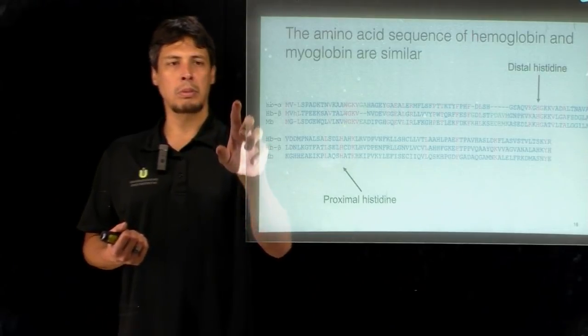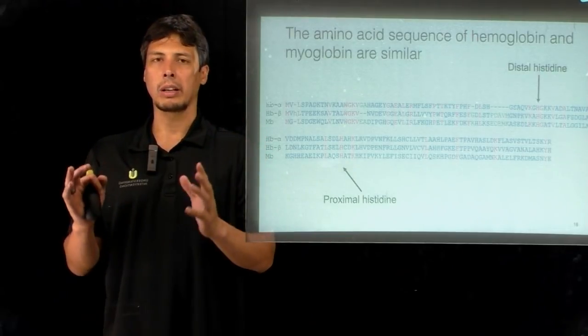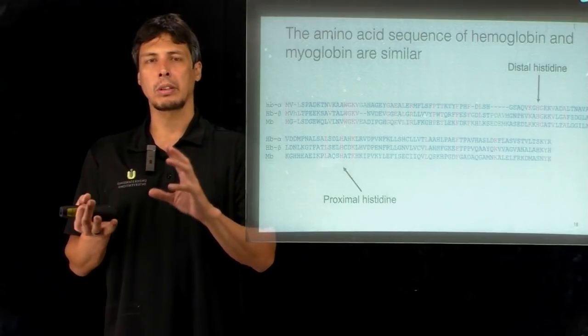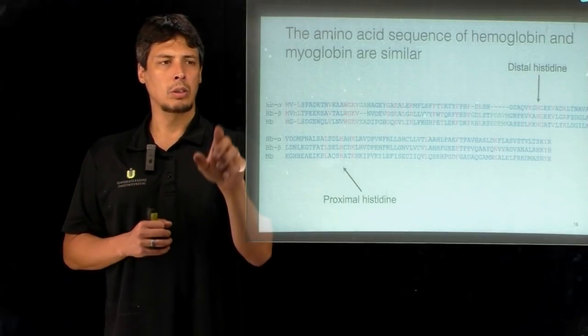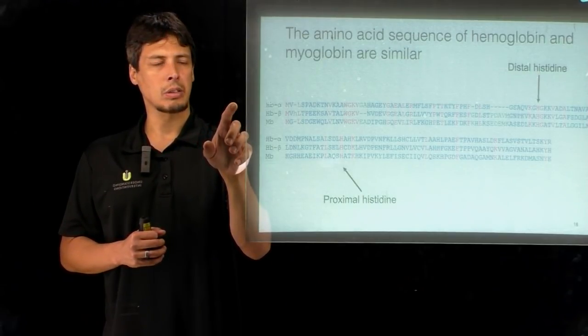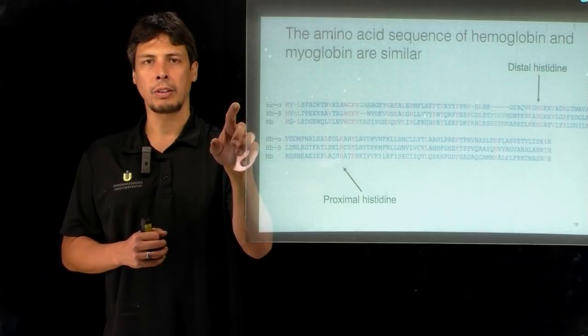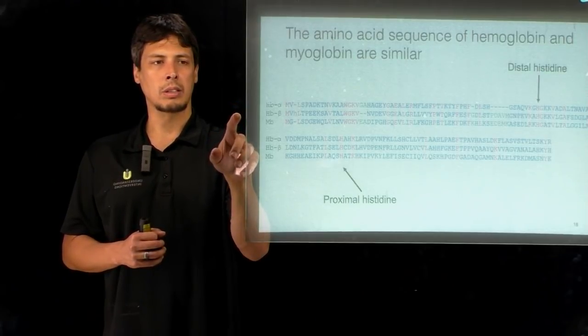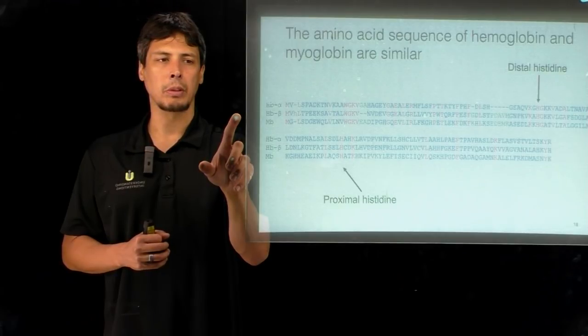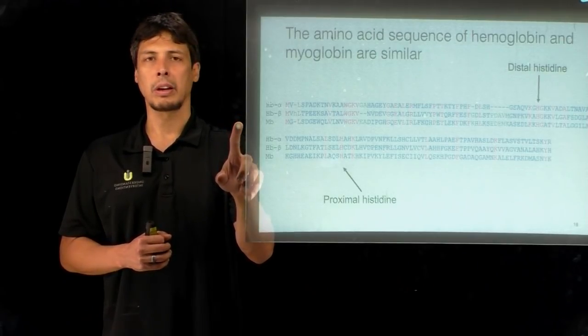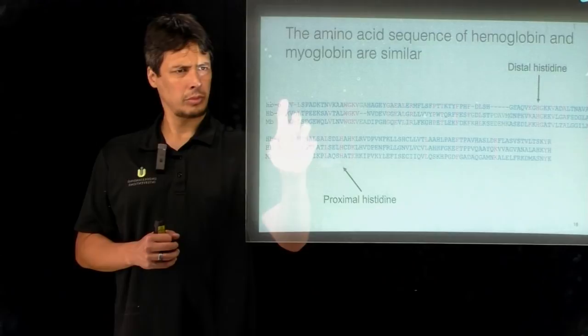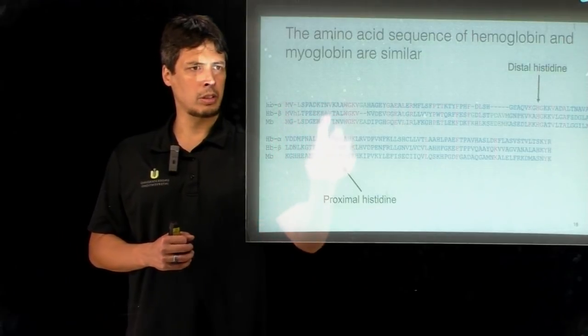This is a computer generated program which aligns the amino acids based on their similarity to each other. So we have three amino acid chains shown here. One is the alpha subunit of hemoglobin, the second one is the beta subunit of hemoglobin, and the third is myoglobin. Where the letters are red, these are called identities.